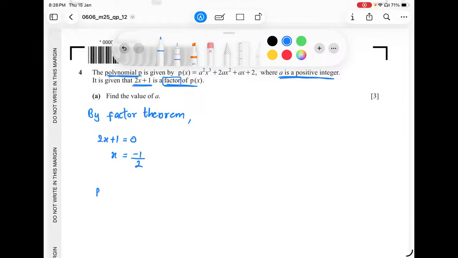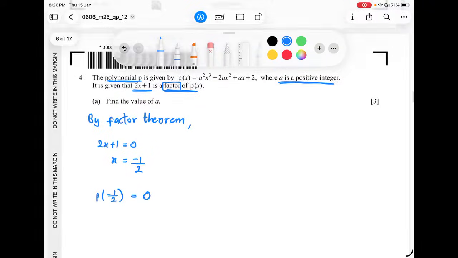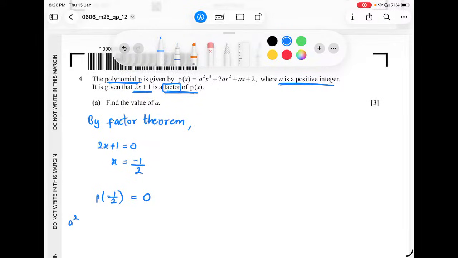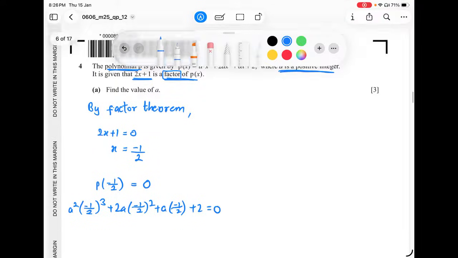So now when you do p of negative half is equal to 0, when you equate this, you get a squared negative half cubed plus 2a negative half squared plus a negative half plus 2 equals to 0.